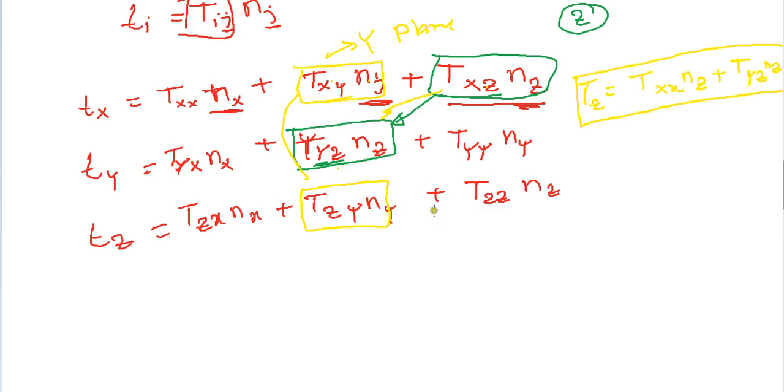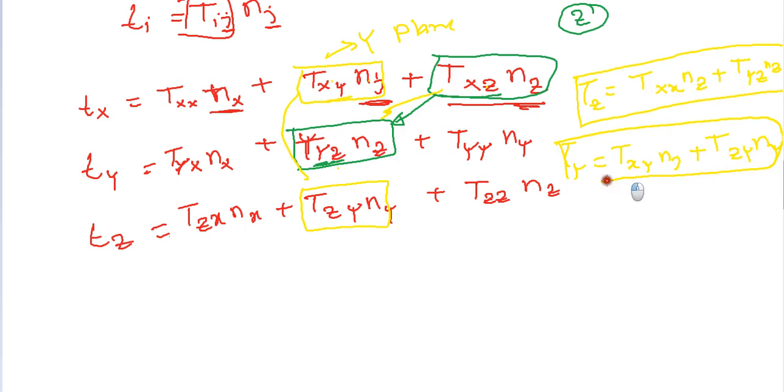Similarly, you can write down the resulting shear stress acting towards plane y. So we can write tau y equal to T x y n x plus T z y n z, right?